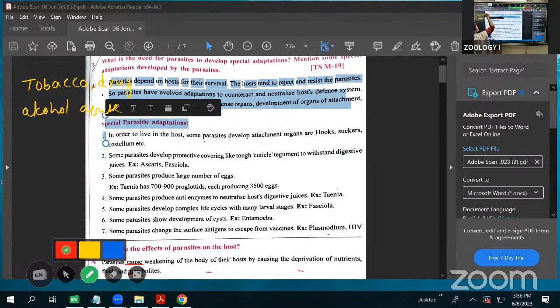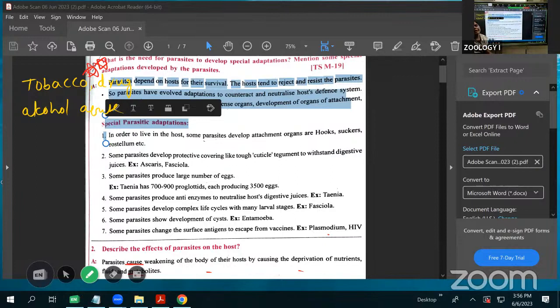See, the adaptations of parasites. In the 6th lesson, you compulsorily learn it. The remaining also you learn. Stressfully you learn this one this year. And one more thing: with this we finish the 6th lesson, and the SAQs are completed.